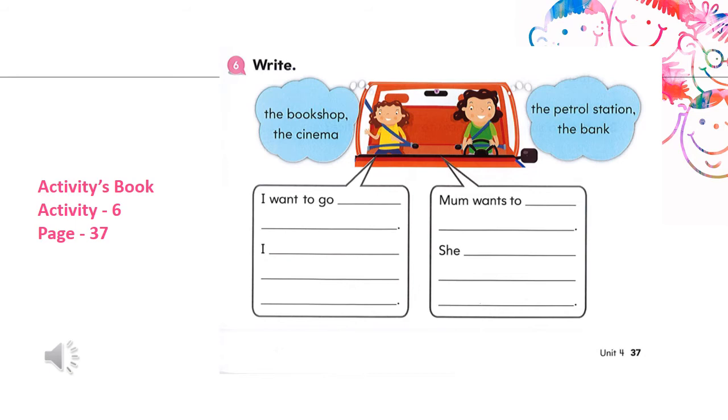Now you have to write down the sentences using want to and wants to. In the first sentence, want to and wants to are already written. In the second sentence you have to write want to and wants to and then the names of the places they are thinking of going. Now try to do it by yourself.